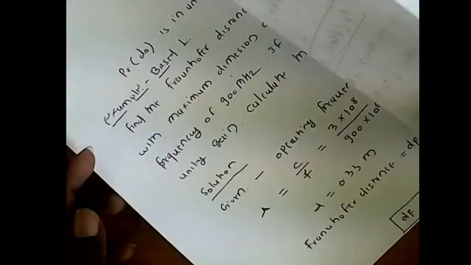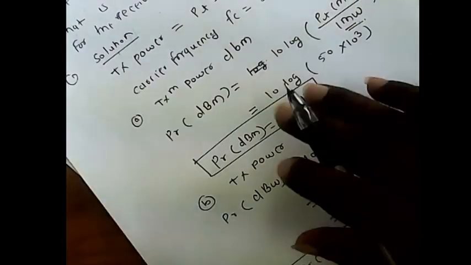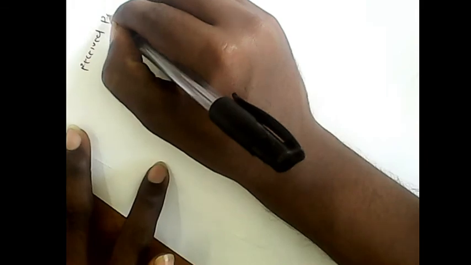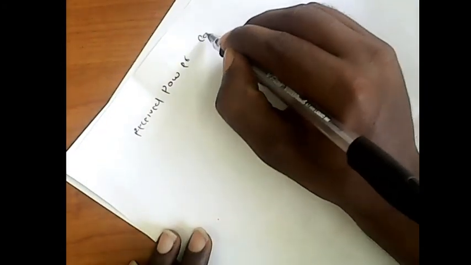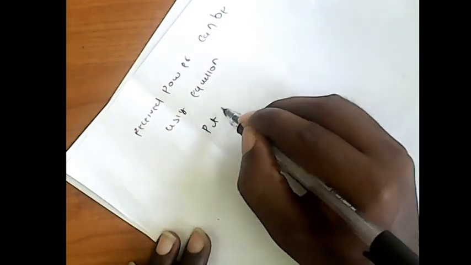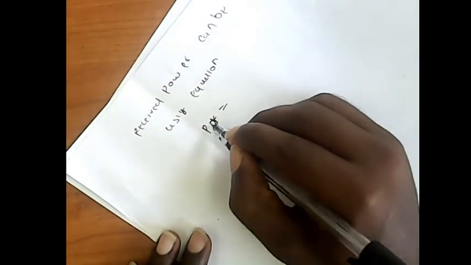Now we also calculate the received power. So the received power can be determined by using Friis's first equation, that is the received power.